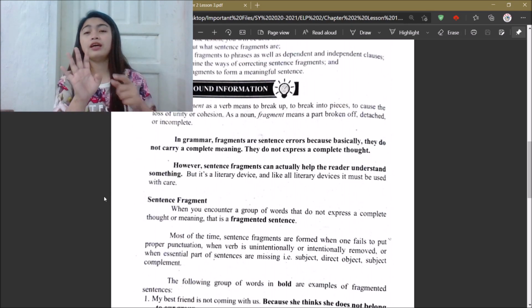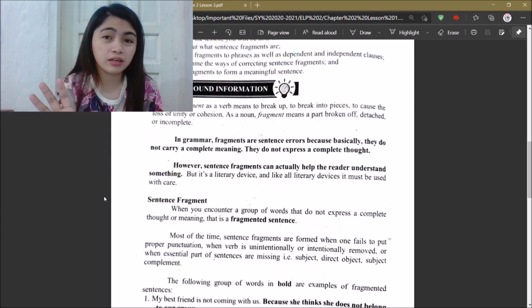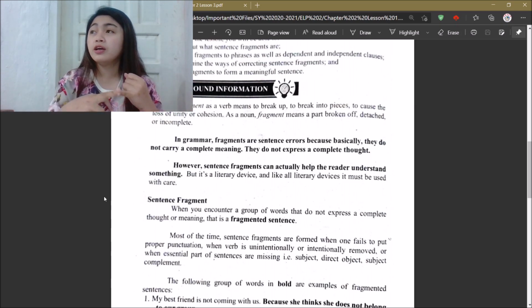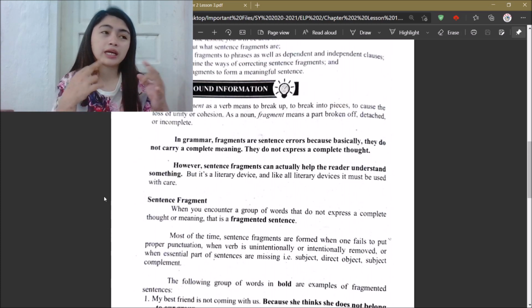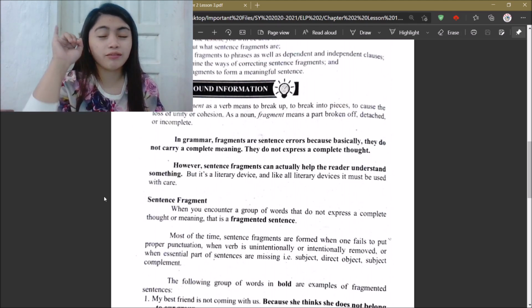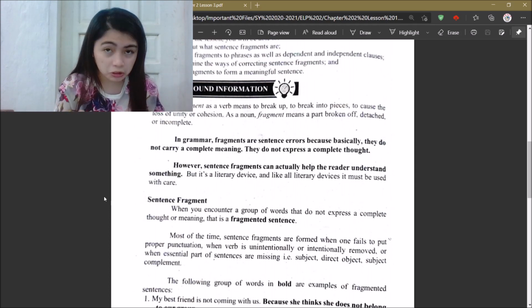And the last one is it should have a terminal punctuation. So it should end with a period, with a question mark, with an exclamation point, depending on what kind of sentence you are making. So again, we have capital letter, subject, predicate, complete thought, and the terminal punctuation.